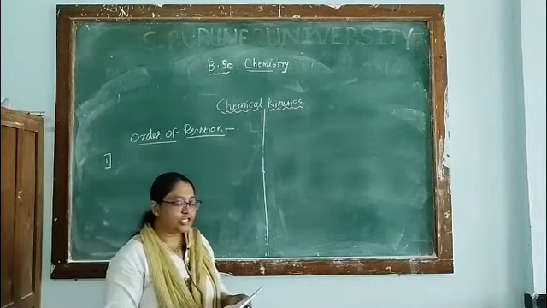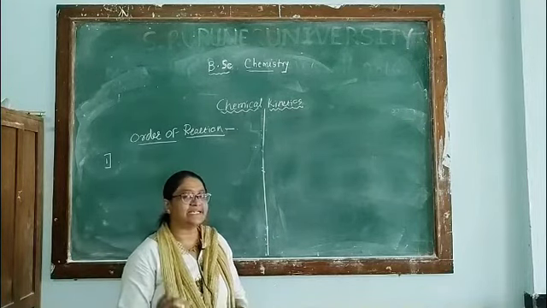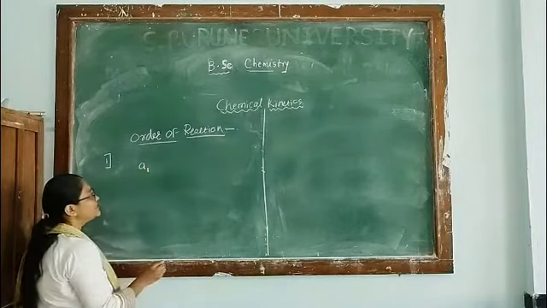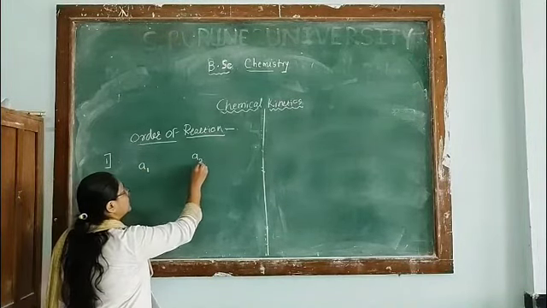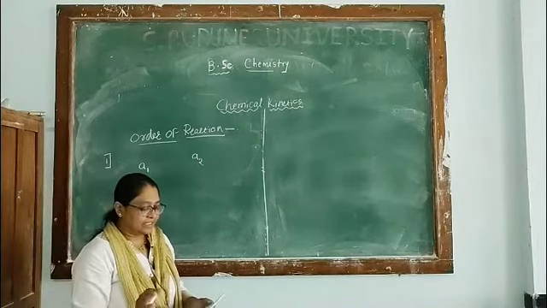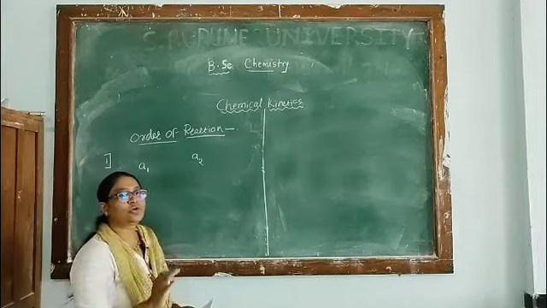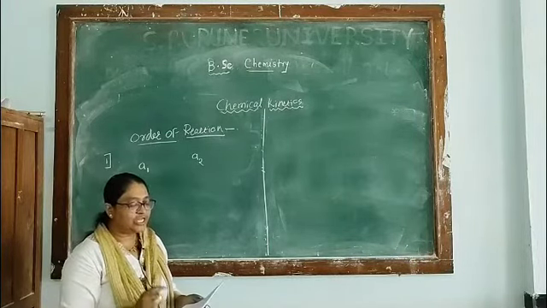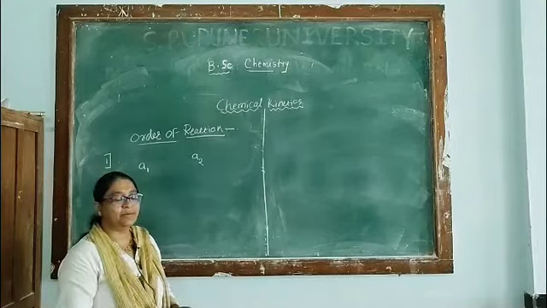See what is given here. When the initial concentration of the reactant doubles, let's consider that in the first reaction the concentration is A1, and in the second reaction that we are doing, the initial concentration is A2. Now what condition is given? The initial concentration of the reactant doubles.